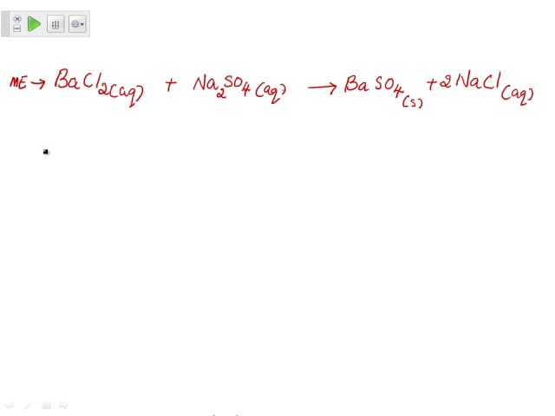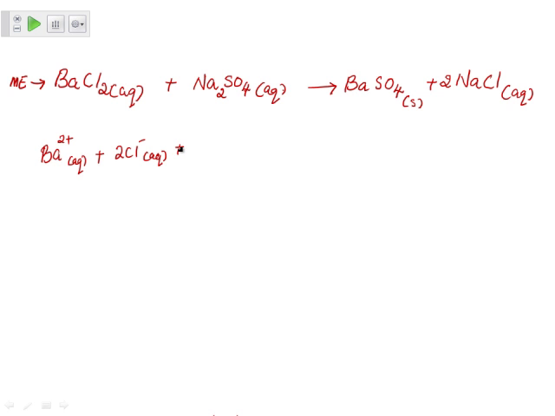BaCl2, what are the ions I have there? Ba2+ AQ, and how many chloride ions? Now that we have balanced the equation, from now onwards we are going to keep the balance. 2 Cl- AQ. That is how barium chloride AQ will split.